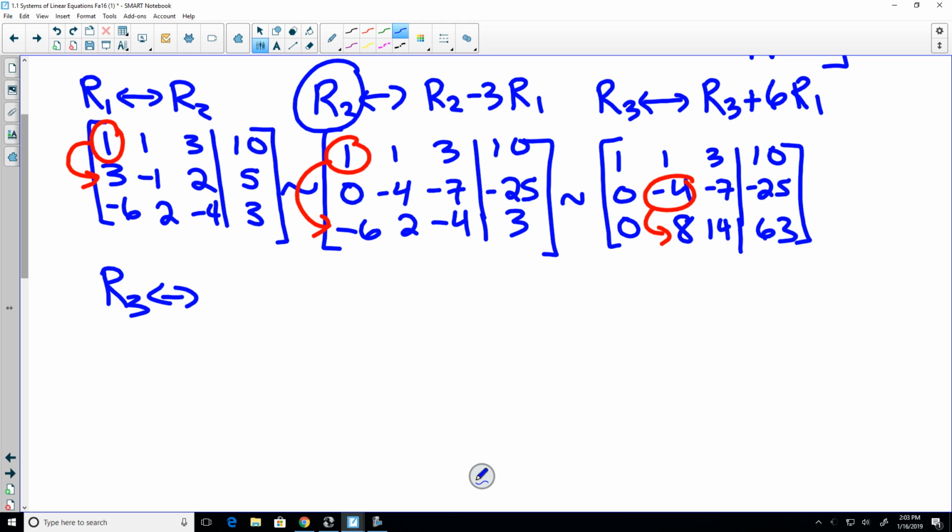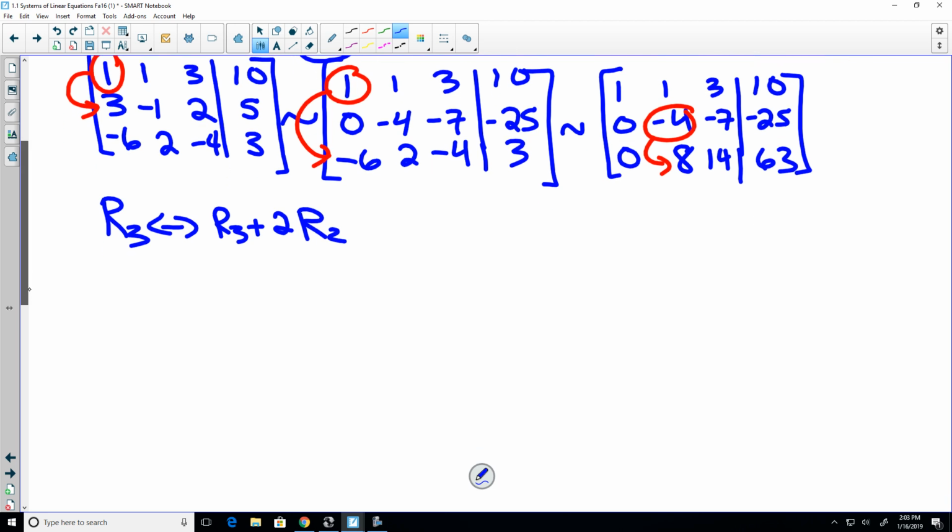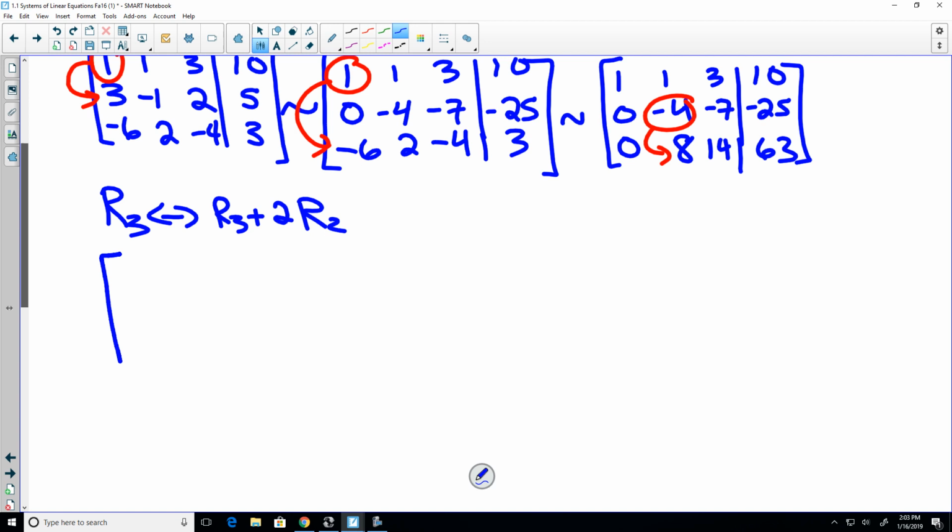So if I multiply that by 2 and add it to 8, I'll get 0. So I'm going to say row 3 plus 2 row 2. Again, I'm only changing row 3.